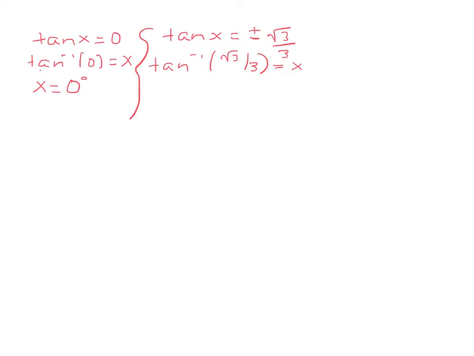So it's either going to be at a 30 or at a 60 degree angle, and okay, so that would give us a positive answer at 30 degrees, which would be pi over 6. It would give us a negative answer at negative pi over 6.